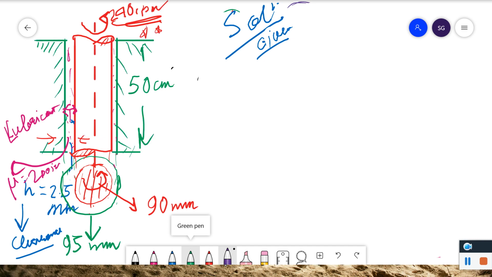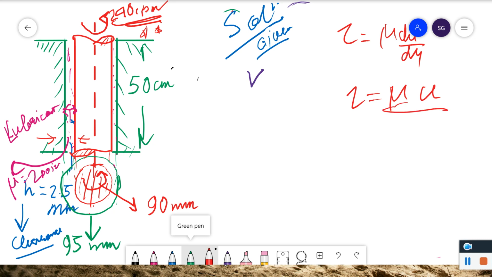First of all we need to find out the shear stress, that is tau is equal to mu du by dy, and here u and y are constant, so we can write this as mu u by y. Okay, so this is our formula, and for this we need to find out the velocity.